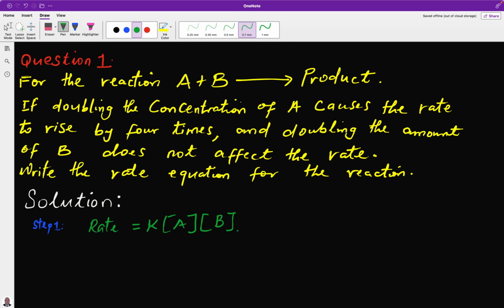We don't yet know the order of reaction of A or the order of reaction of B.